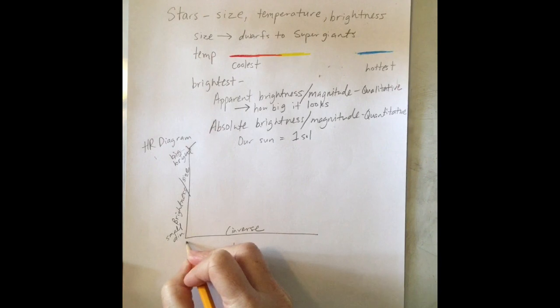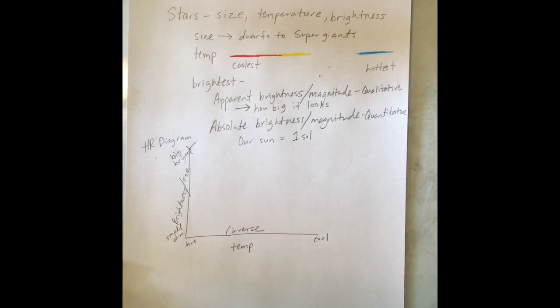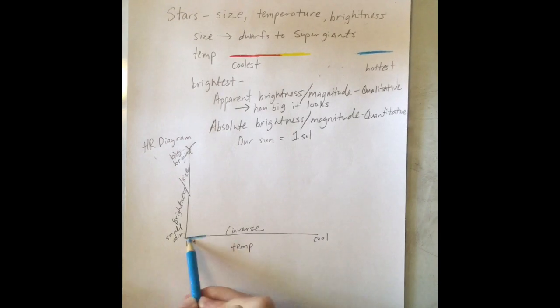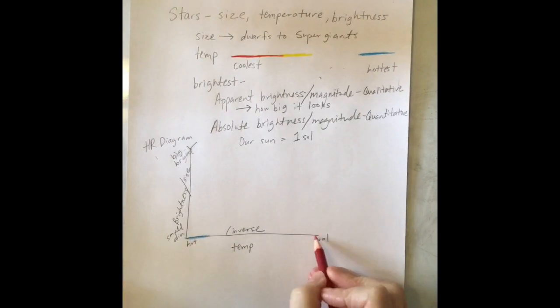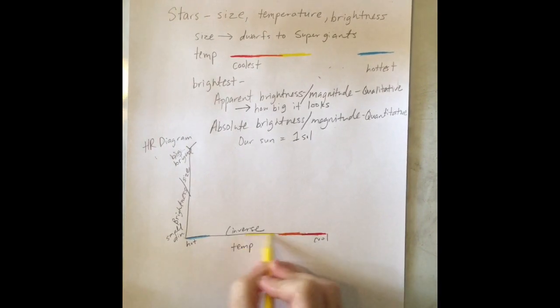Our hottest is going to be here at the origin and our coolest is going to be out here. So again, if you had your colors on here, you're going to have your red way down here and your blue here, your white, and then we'll have our orange and yellow, and then our white here.